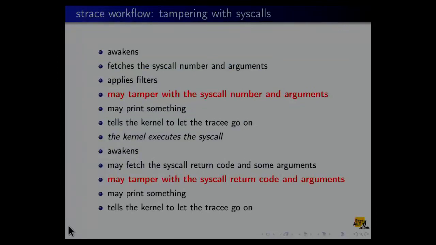And in this sequence, there are two places where strace can actually tamper with the syscall: with the syscall number, the syscall arguments, and the syscall return code. And this is exactly how syscall fault injection is implemented. On entering the syscall, strace replaces the syscall number with an invalid one, -1, and then the kernel sees this invalid syscall and returns an error for it, which is innocuous on most architectures, but not on all of them.